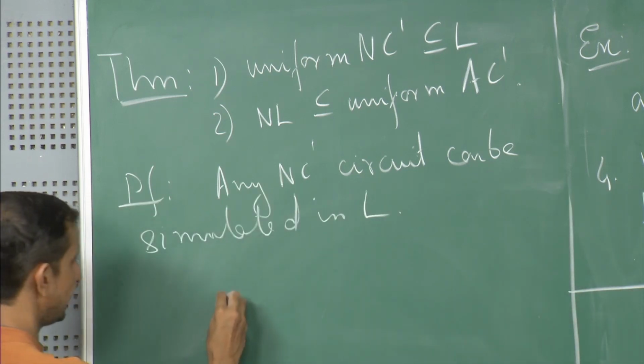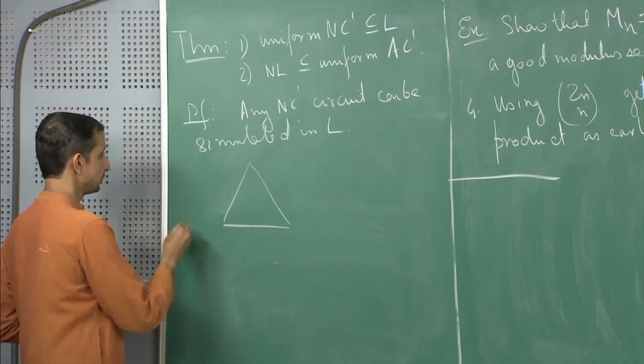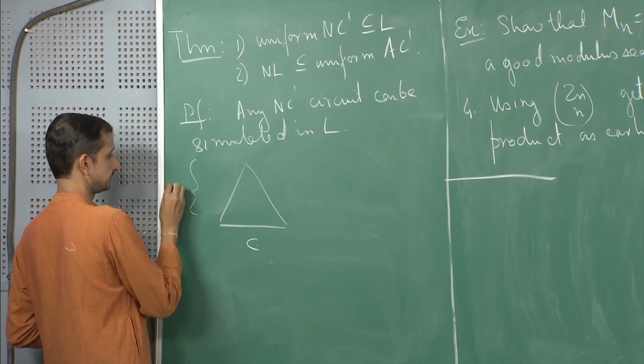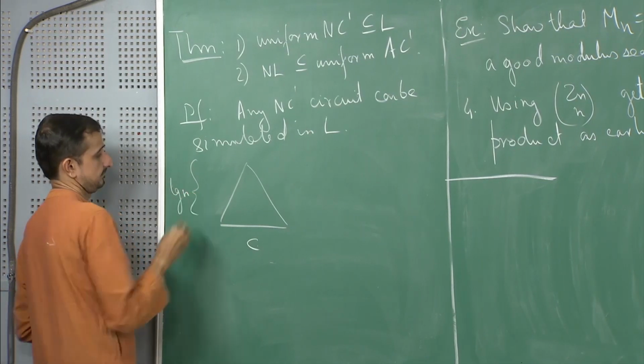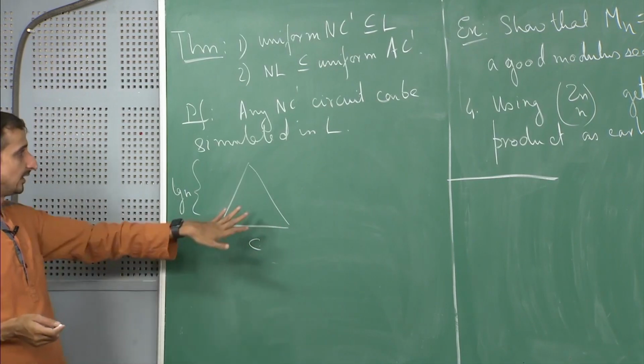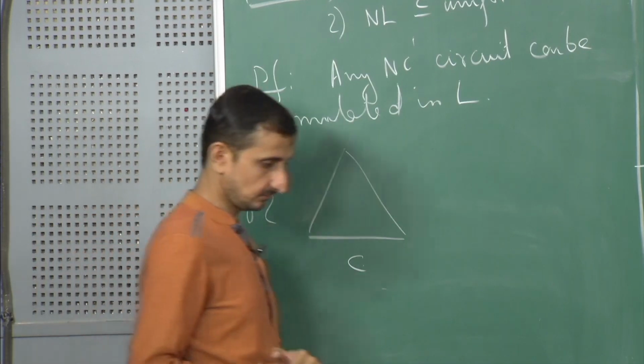Let us look at a pictorial proof first, and actually it is quite easy. So, we have this circuit C and we know that it has depth some order log n. How can I simulate this in L?